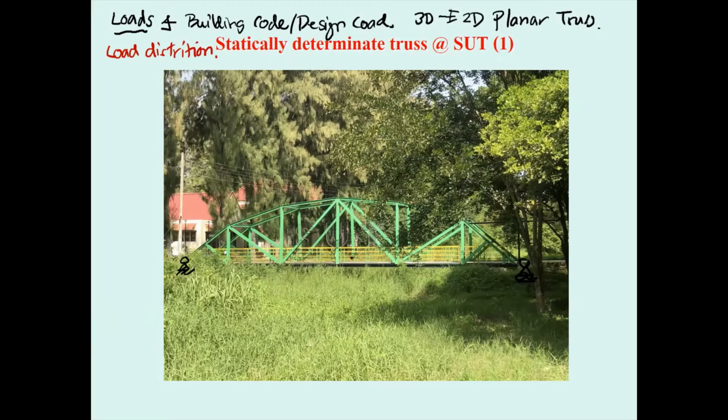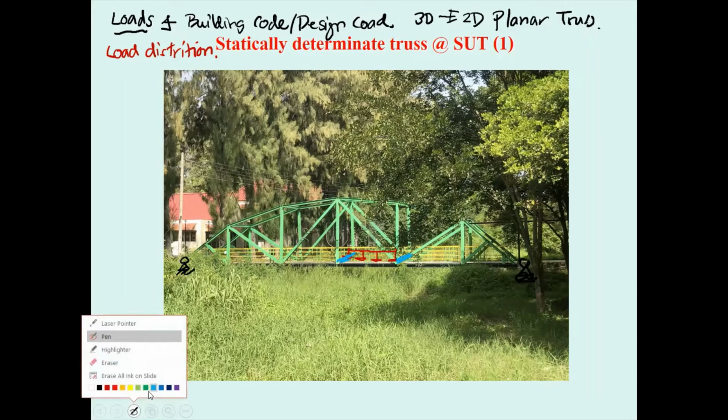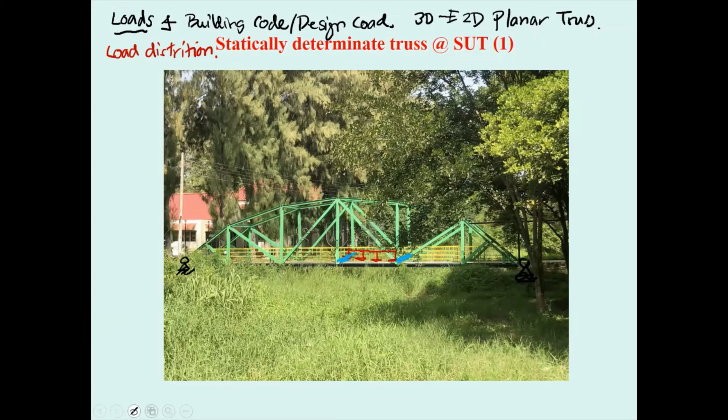For example, there is the weight on the floor, such as the dead load of the floor. This load will transfer to the beam that links between the trusses. Okay, and then this load will transfer from the beam into the joint of the truss. That is the joint of the truss. We just mark it with a circle.